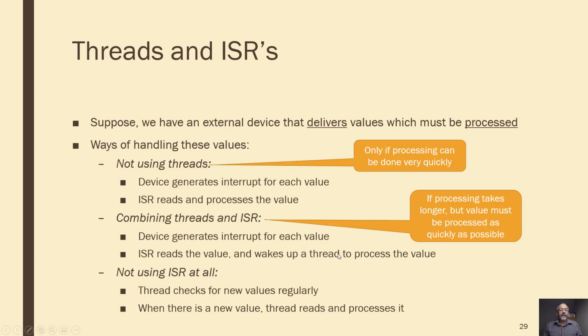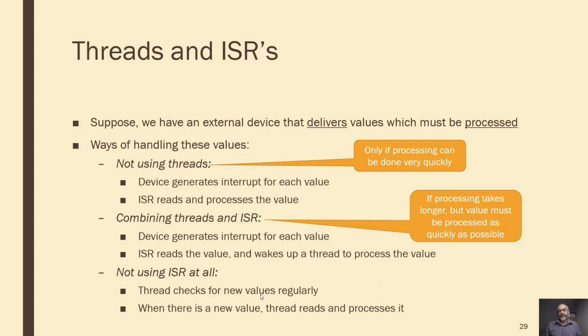And then finally, we have the option to not use an interrupt service routine at all, and do everything with threads. But then the reaction will not be as fast, because then you will have the thread checking for new values regularly. There's no interrupt then. In this option, we don't use an interrupt service routine, so there are no interrupts.